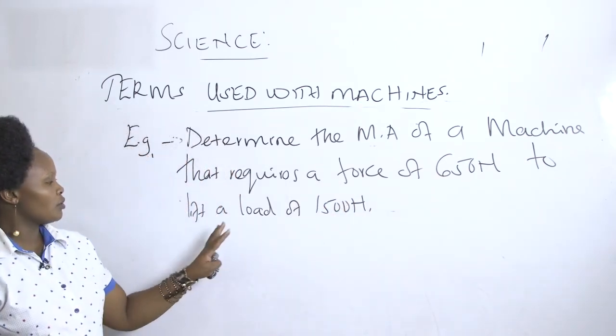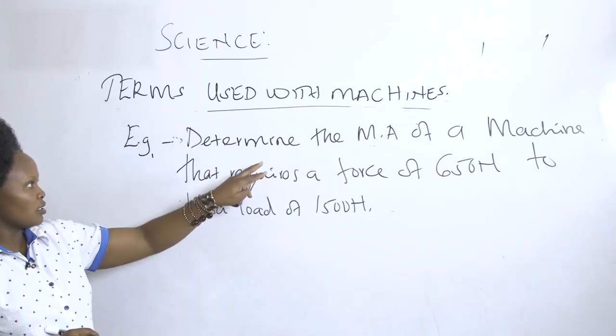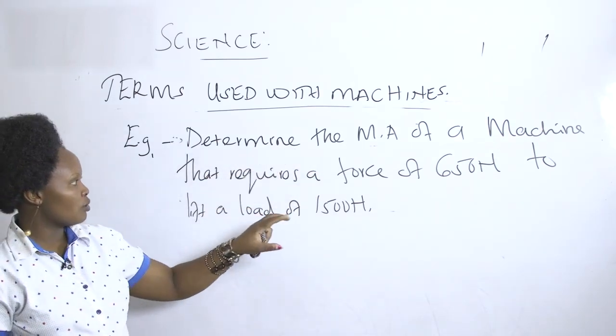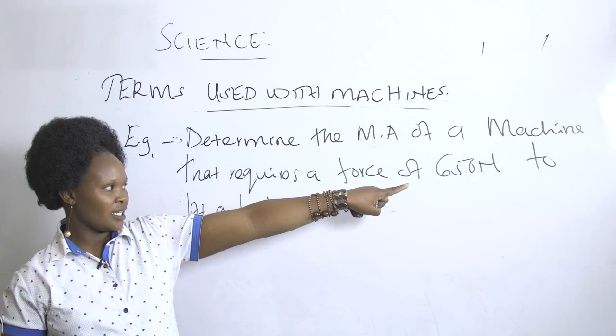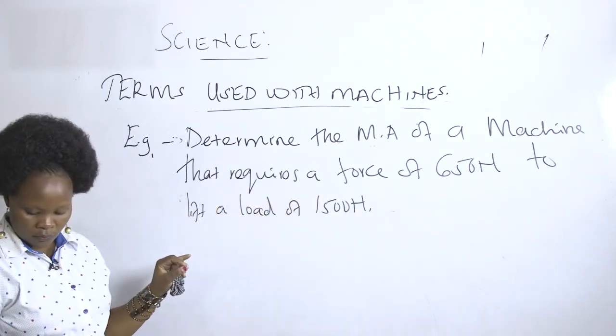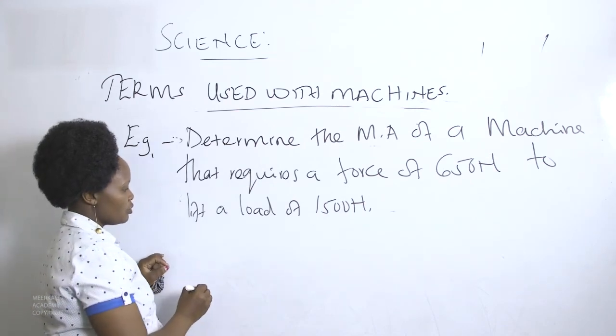Let us look at yet another example. The question requires us to determine the mechanical advantage of a machine that requires a force of 650 newtons to lift a load of 1500 newtons.